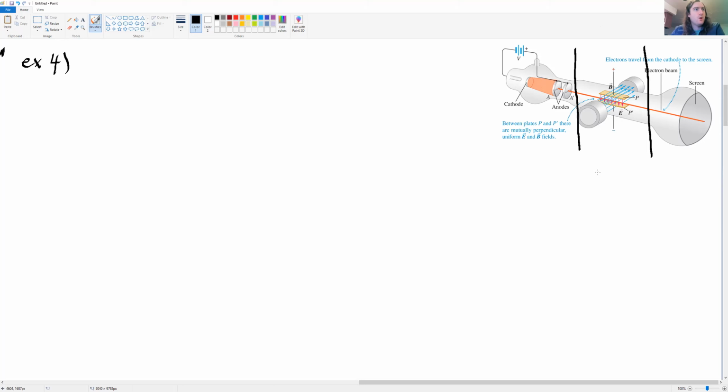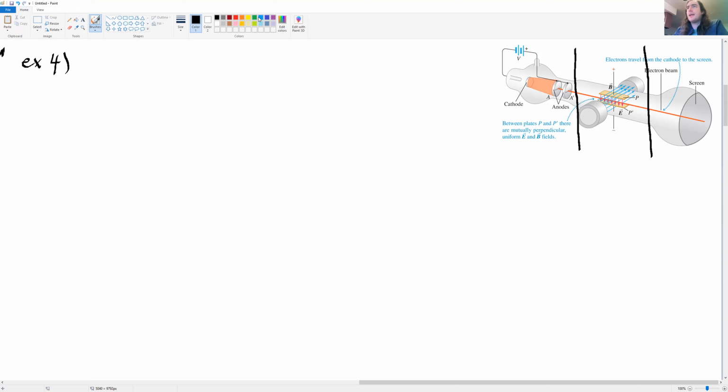And so you're maybe wondering, how do we handle that kind of situation? Well, we just handle them separately. We handle the electric force and the magnetic force separately. And then, of course, Newton's laws still apply, so we can sum up the forces and solve from there, for whatever it is that we're interested in solving.